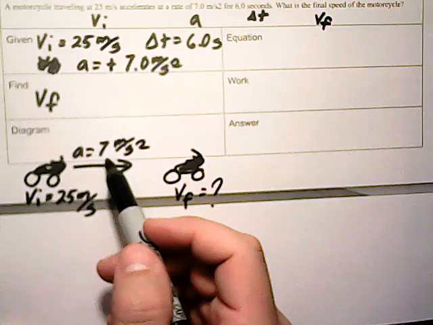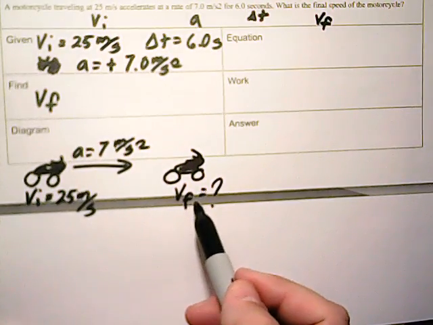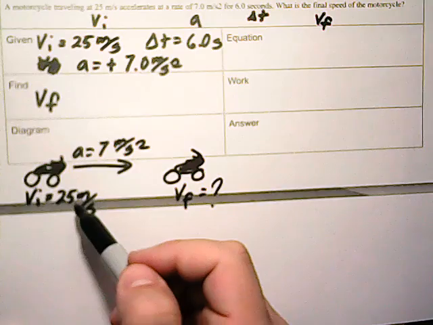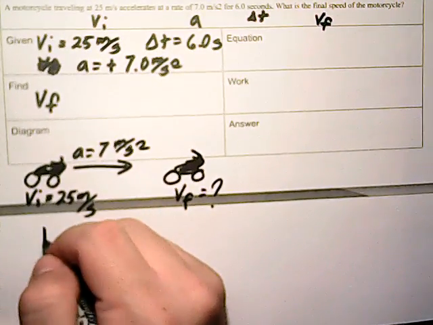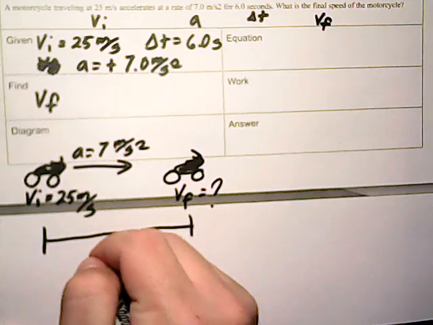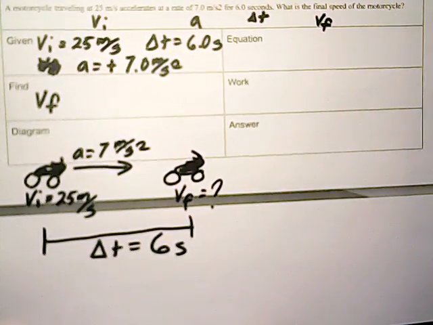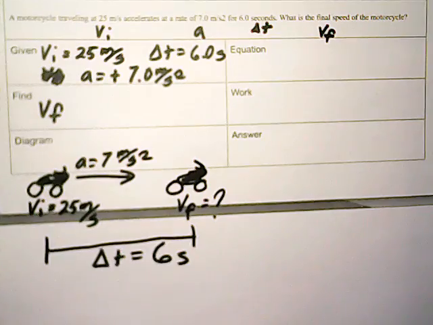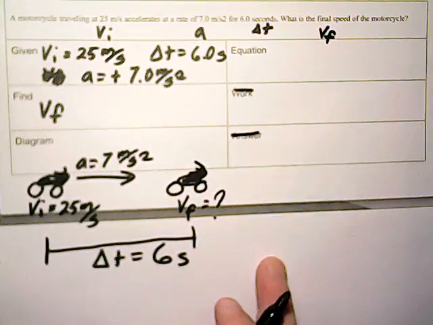So what that means is that our velocity for the final should be higher than our initial because we're accelerating. So that's important to note. We'll check our answer at the end to make sure that's true. Delta T is going to be equal to 6 seconds.